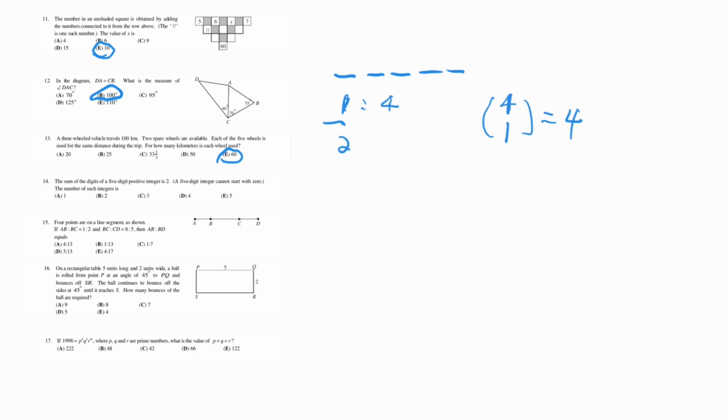So 4 choose 1: these 4 places, choose one to put the 1, and the others put 0. If the first digit starts with 2, there's only one choice. All 4 other digits must be 0 because the first digit is already 2. So 1 more number, 2, 0, 0, 0, 0. Add them together is 5. So there are only 5 such numbers. That's the answer E.